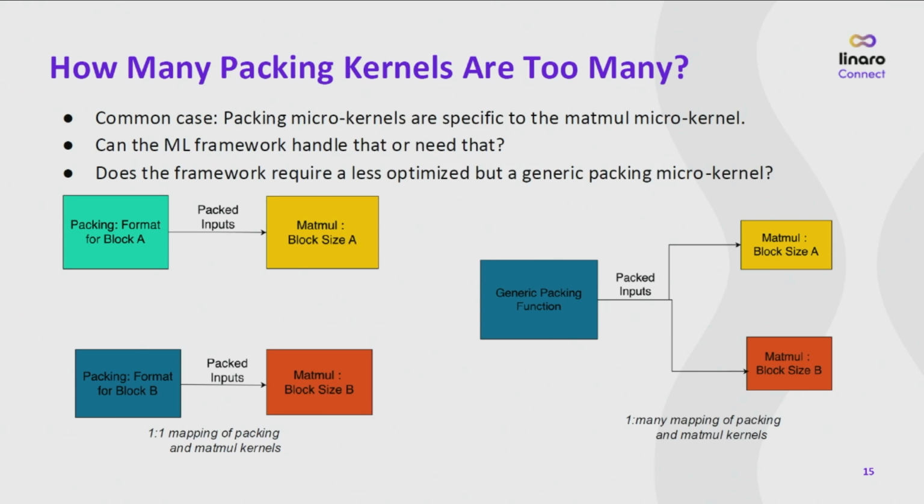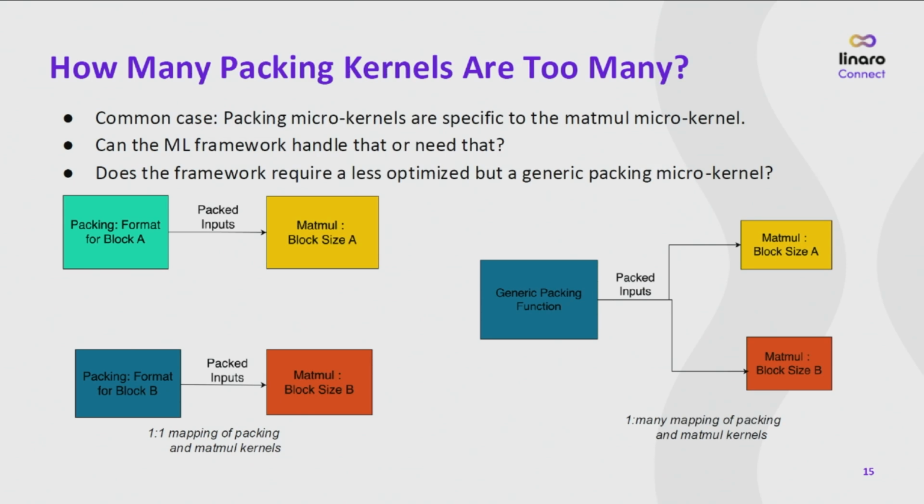But frameworks, again, might not want to handle different packing kernels because they want to focus on the center of attraction, which is the matrix multiplication, the bottleneck in your workload. So for some cases we go with a generic packing function, which takes in a lot more arguments than the very specific packing format, but that's how it is.